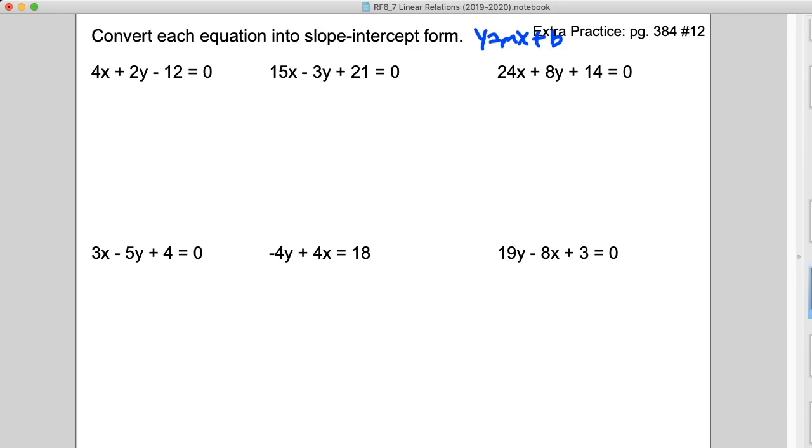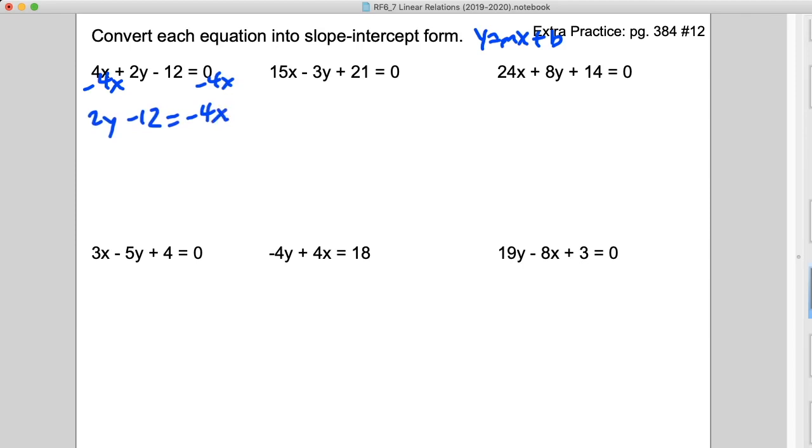So what that means for us is we're going to subtract 4x, and we're also going to add 12 to both sides. So just for these first couple of examples, we'll go one step at a time. So I'm going to subtract 4x from both the left and the right side. So I'll have 2y minus 12 is equal to negative 4x.